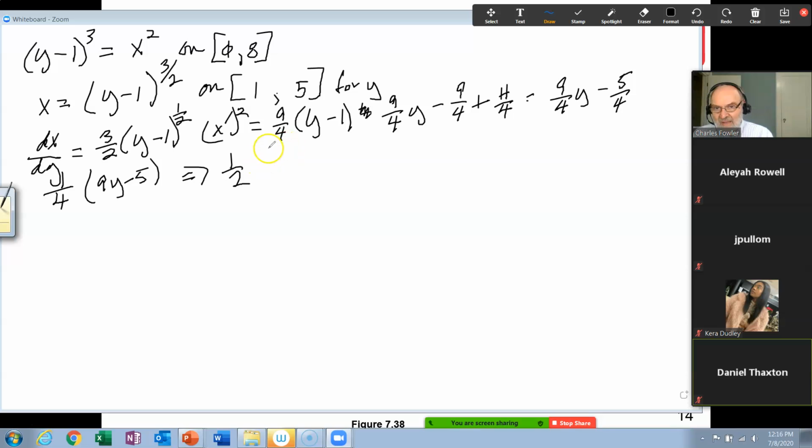And we'll have the integral going from 1 to 5 on y, 9y minus 5 to the 1/2 power dy. Now this is looking rather suspicious.